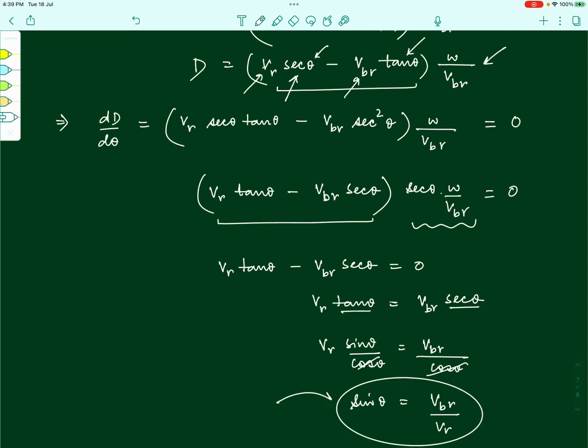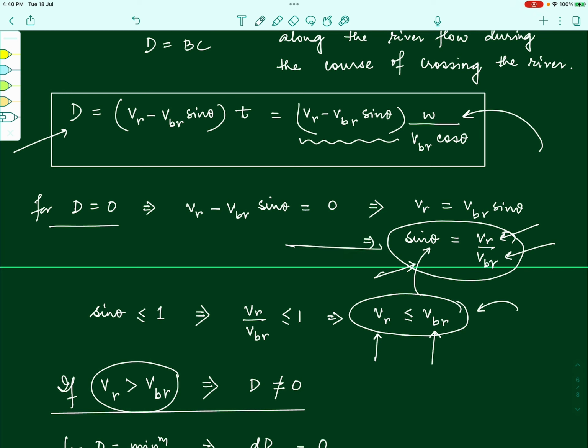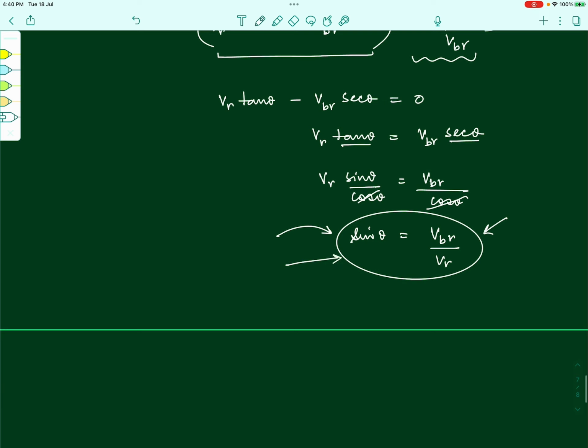This is the condition for drift to be minimum. See that this expression is similar to what we got above for zero drift, sin theta is equal to VR by VBR, right? Just see what is the small difference between these two. This is sin theta is equal to VR by VBR, whereas here it is sin theta is equal to VBR by VR. So, it is just the reciprocal of the above expression.